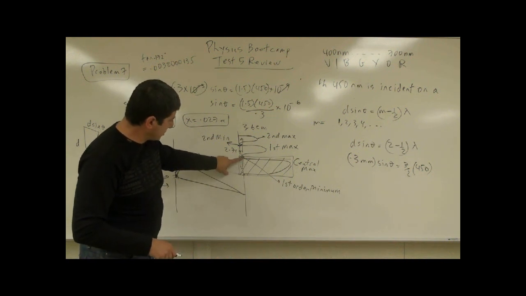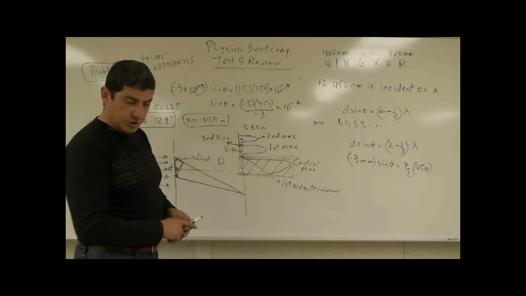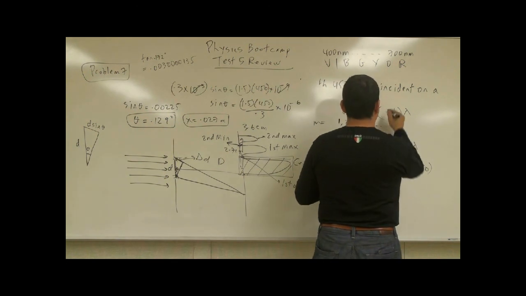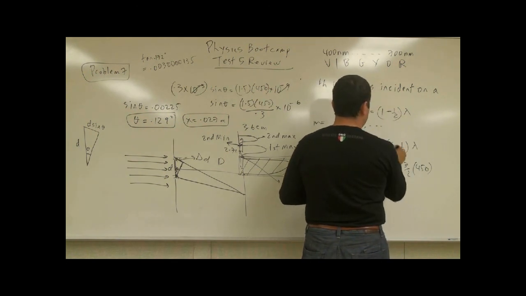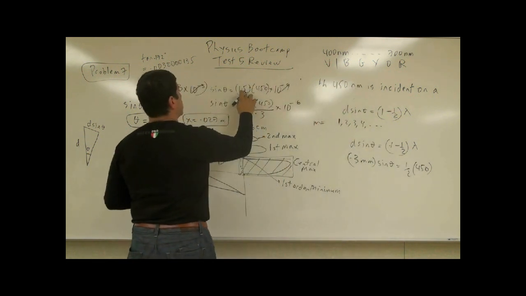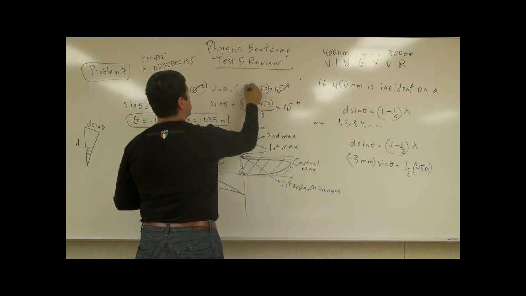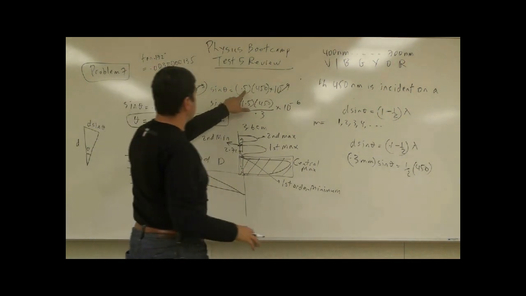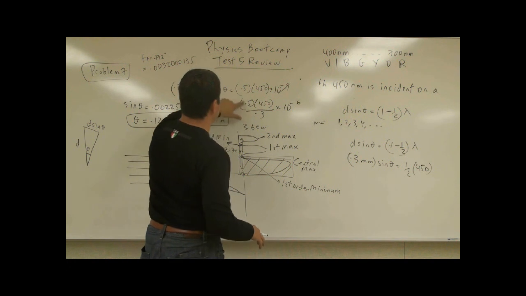Find the distance to the first minimum, double it. So instead of 1.5, you just have half, right?